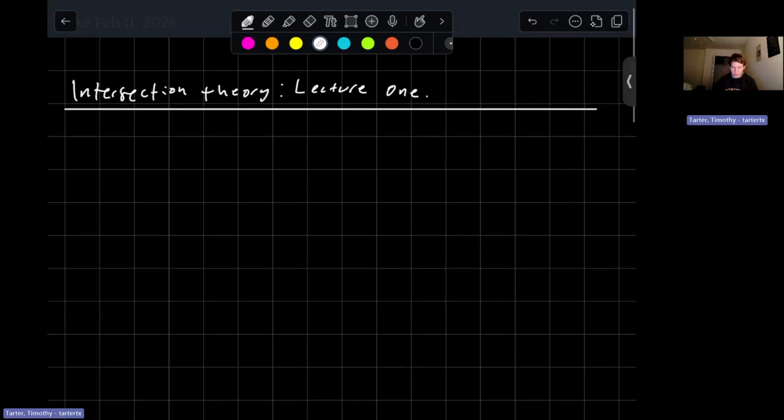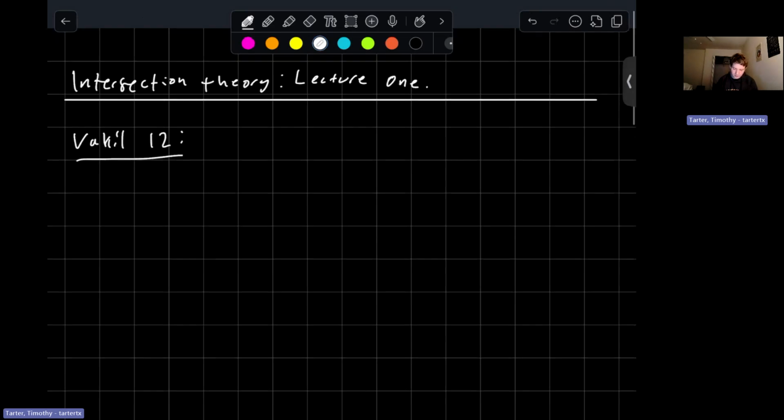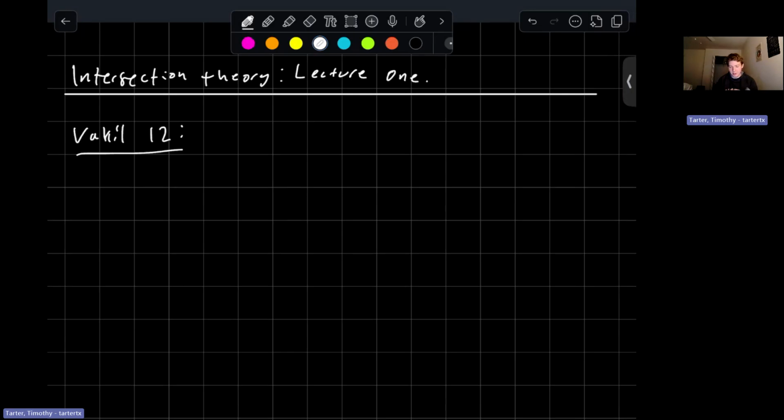So starting off with Vakil. We're starting in chapter 12, and I'll note that just so I have reference. This whole section is on dimension and codimension. At this point, you know a fair bit about schemes, but there are some fundamental notions you cannot yet define.